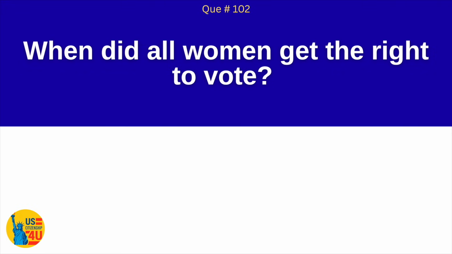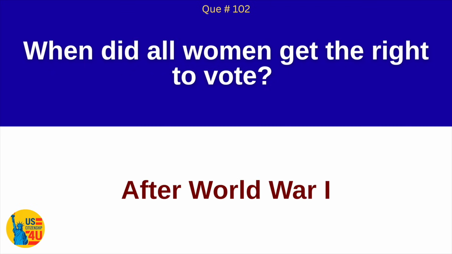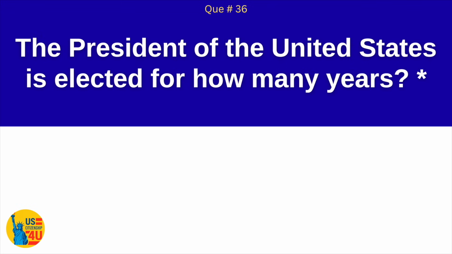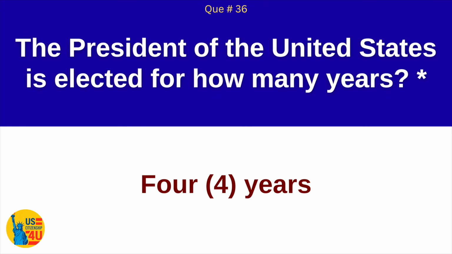When did all women get the right to vote? After World War I. The President of the United States is elected for how many years? 4 years.